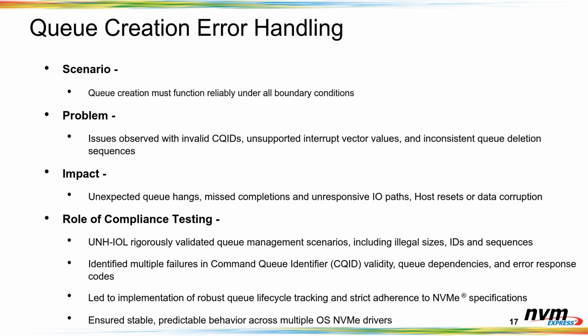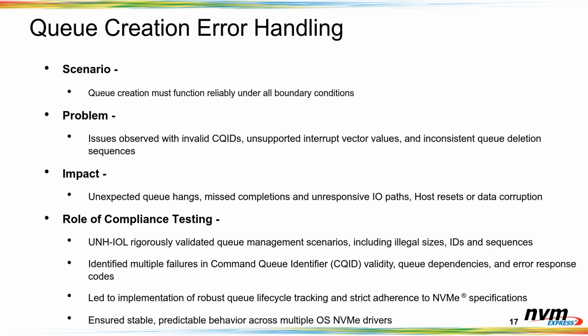Right. So the role of the compliance testing: it helped us regularly validate different scenarios, including illegal sizes, IDs, and sequences. We were able to identify multiple failures with CQID validity, queue dependencies, and response codes.